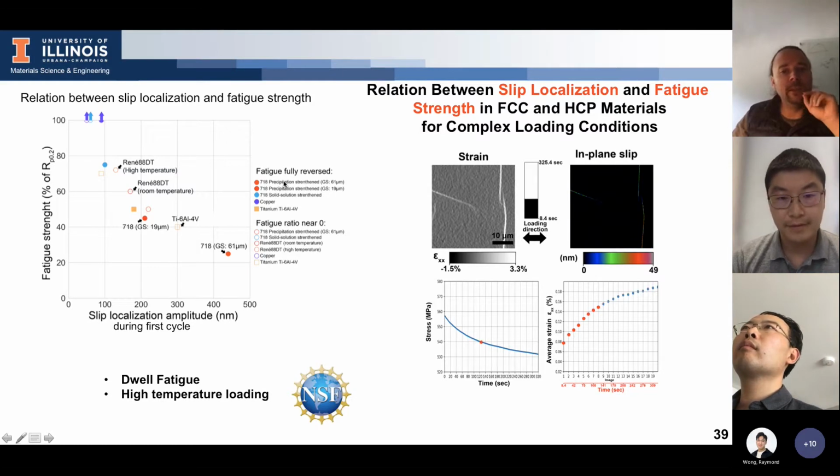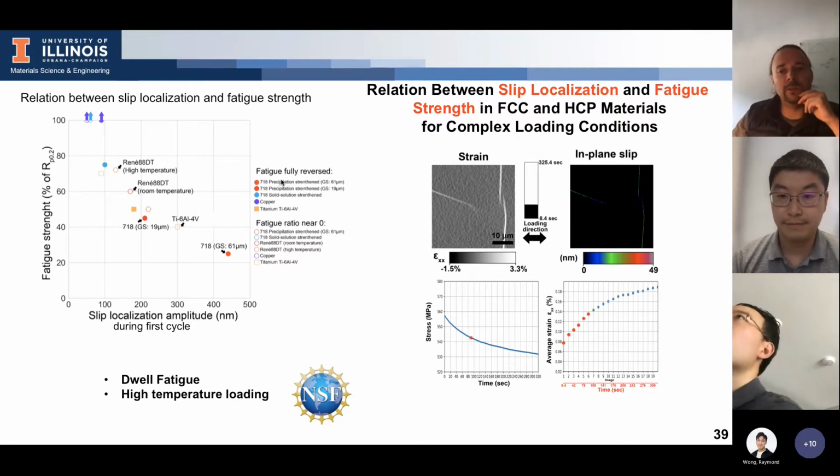And we did the exact same thing for titanium, where in this case we wanted to evaluate the dwell effect. So you maintain the load, for instance, and you have a debit in fatigue life. You don't have the same fatigue strength if you maintain the load or not. And we wanted to see if we can also capture this with the first cycle.